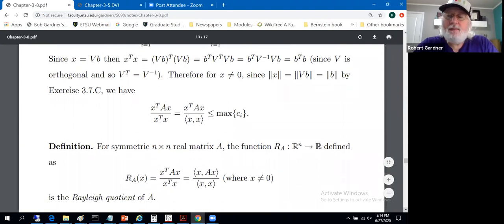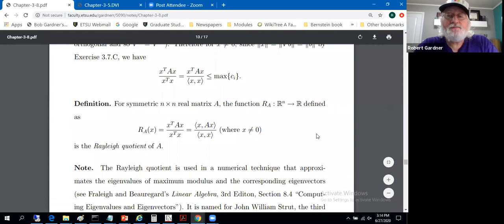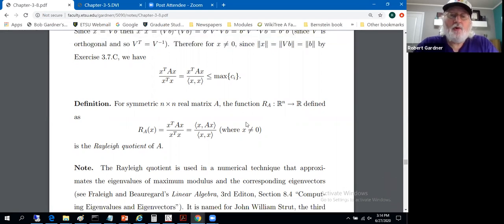This is brought up because for a symmetric matrix, the function R sub A mapping R^n into R, based on quadratic forms, is defined as R sub A of x equals x transpose Ax over x transpose x. I can interpret both of those as inner products if you like. We have to, of course, have x be non-zero because we get a norm of x in the denominator, and can't divide by 0. This is called a Rayleigh quotient of matrix A.